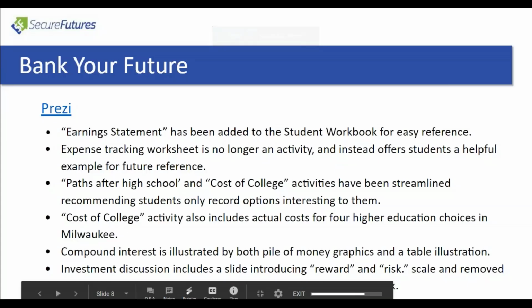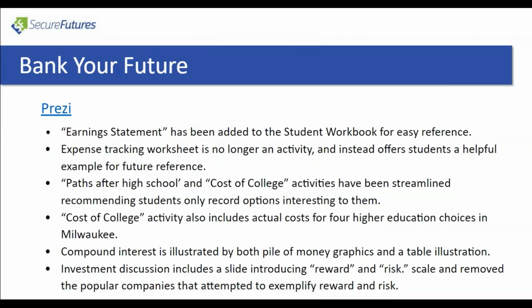The other thing that's been updated is the paths after high school and cost of college activities. We heard your feedback last year that it took way too much time for everybody to jot down and record all the options. So we're encouraging you right now to just have them record 1 or 2 things that they want to put in the workbook.